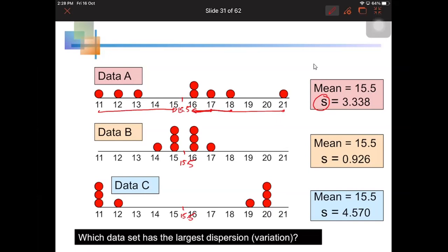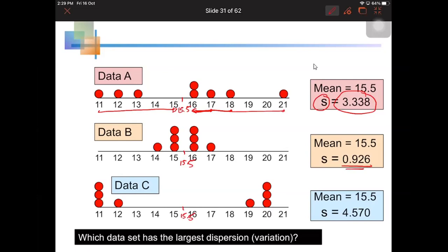After taking the overall weightage of the distances between the values and the mean, it will give the value of the standard deviation. If you look at data B, it scores the lowest standard deviation.